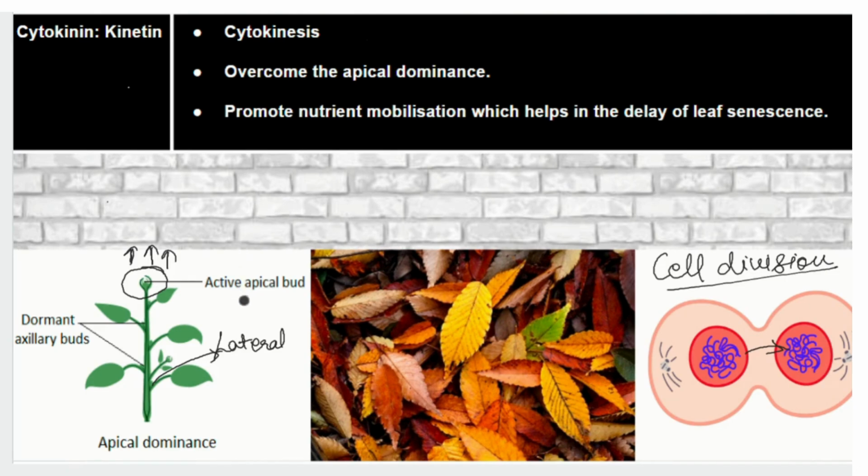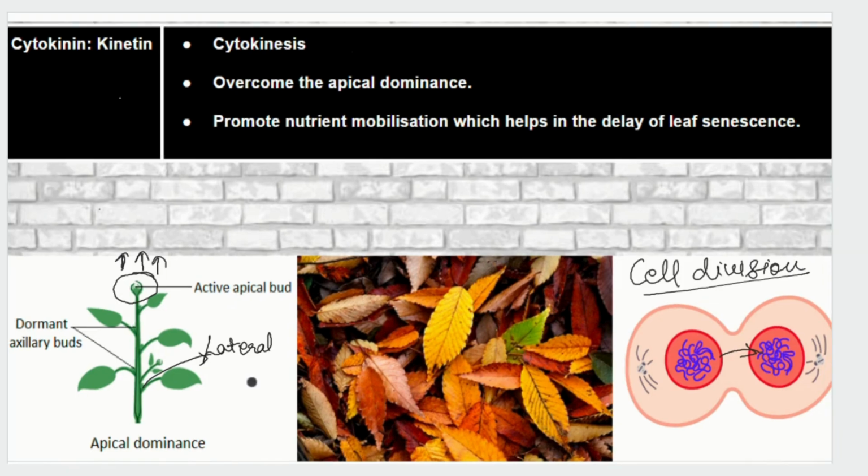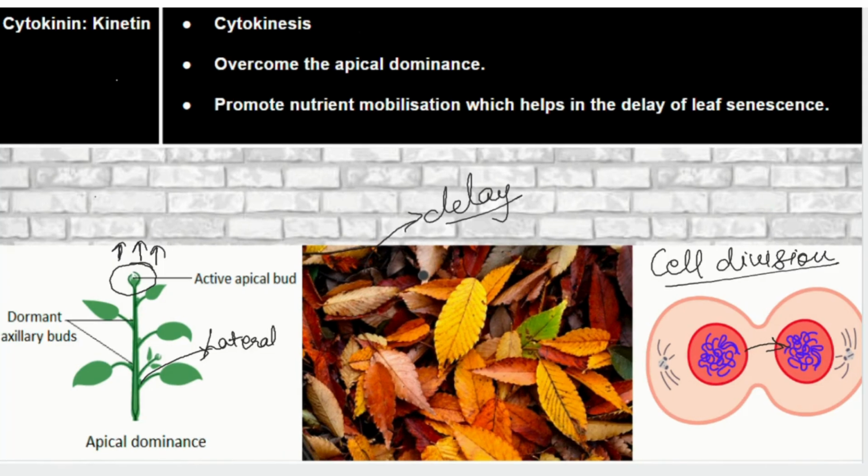Cytokinin helps to overcome this apical dominance and leads to the growth of lateral buds, which makes the plant dense and bushy. Next role is to promote nutrient mobilization, which helps in delaying leaf senescence, the death or aging of leaves. Cytokinins delay the senescence of leaf.